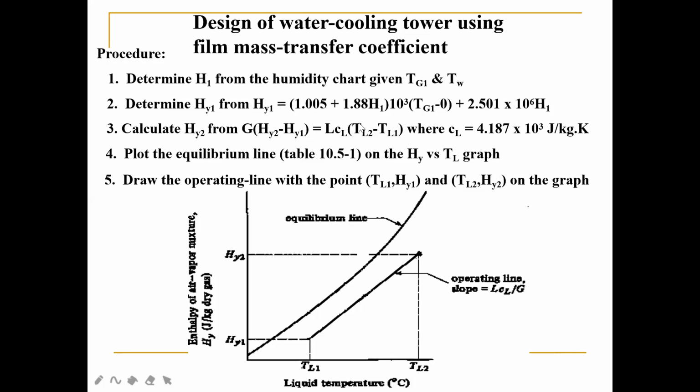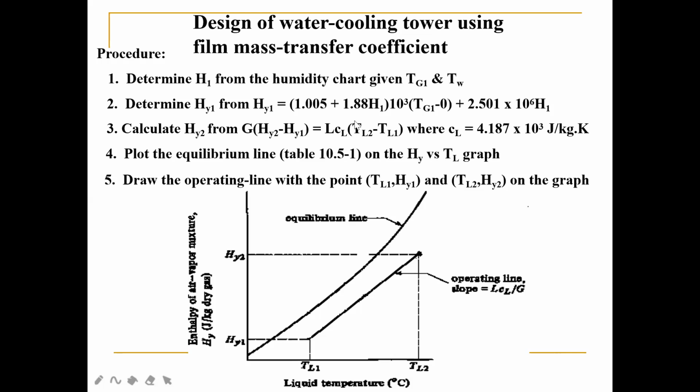Okay, so actually the TL2, if you refer to the diagram from the previous slide, you will notice that TL2 is the temperature of the water flow that comes at the top of the tower.